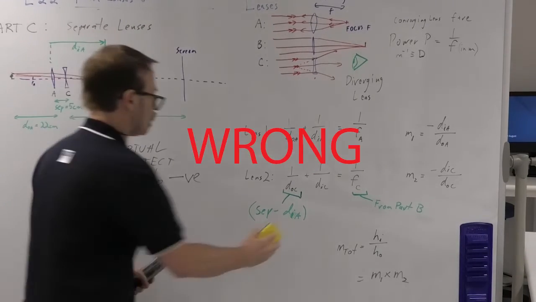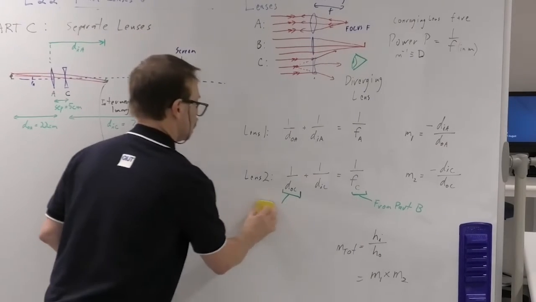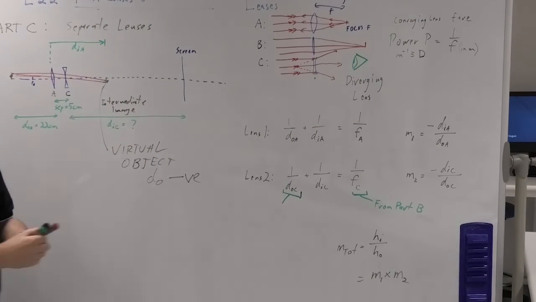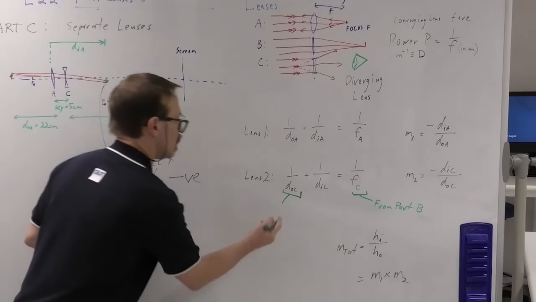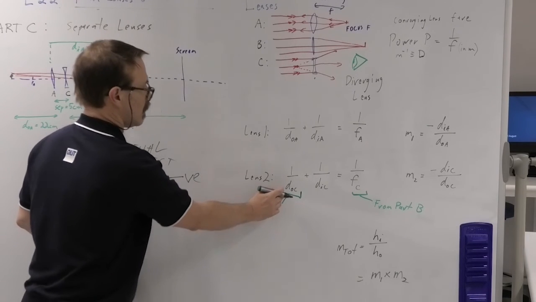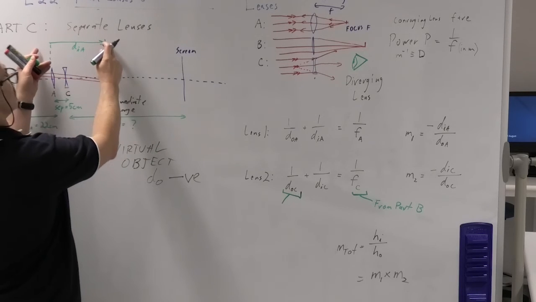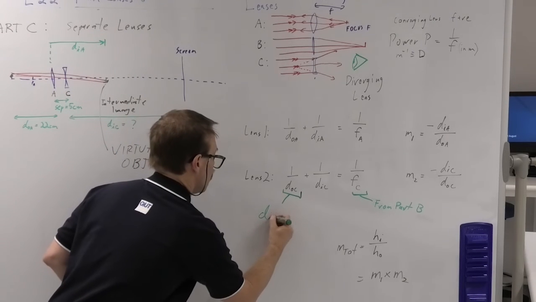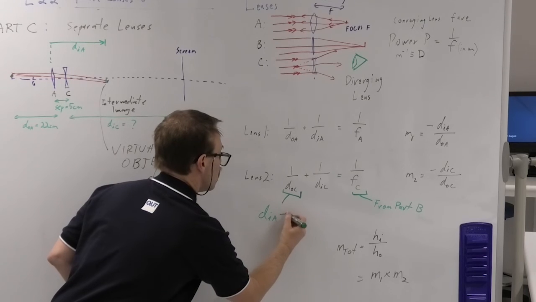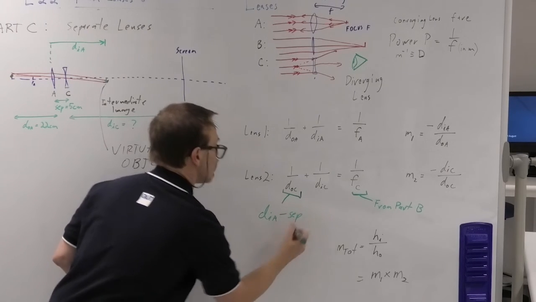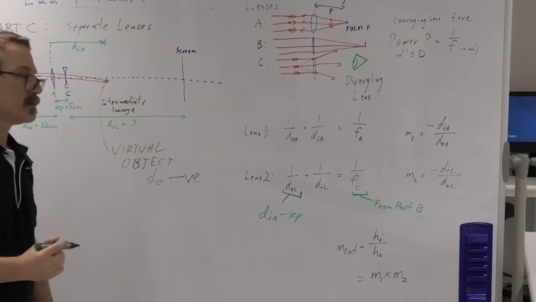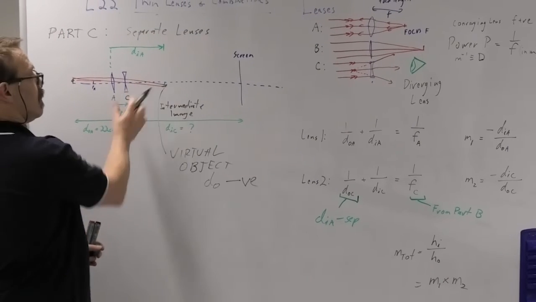No, it's not. The object distance from lens C is the image distance from lens A minus the separation of the lenses, right?